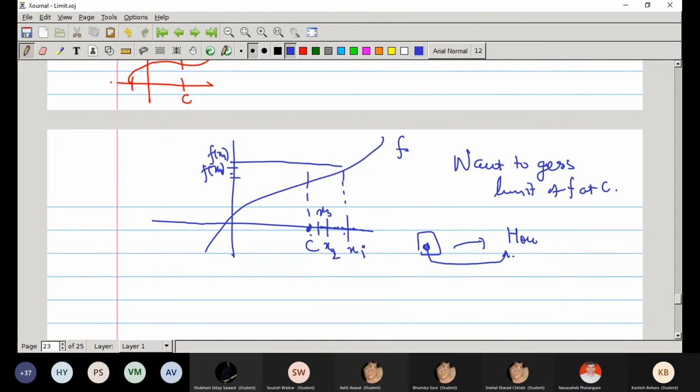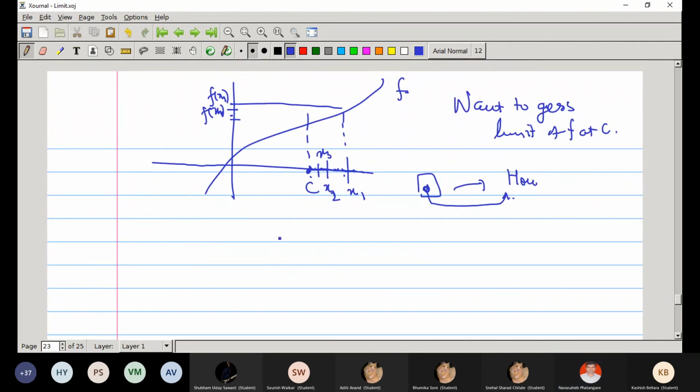Right? Do you understand? So if I walk towards c, then what do I expect, where does f of x tend?